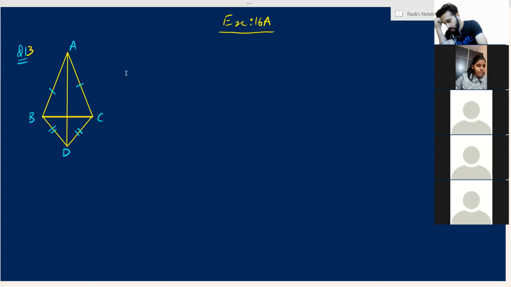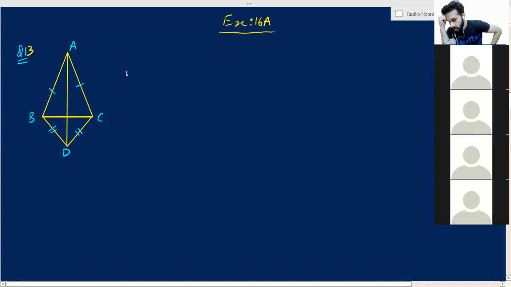Sania, correct. Sir, I have made the figure somewhat unique, but I have seen it from the books. Common, equal, correct. Sania, just one thing you have not written. Angle BAD is equal to angle CAD, correct? You also have to write angle BDA equal to angle CDA.